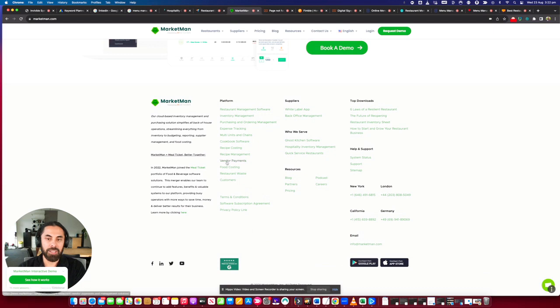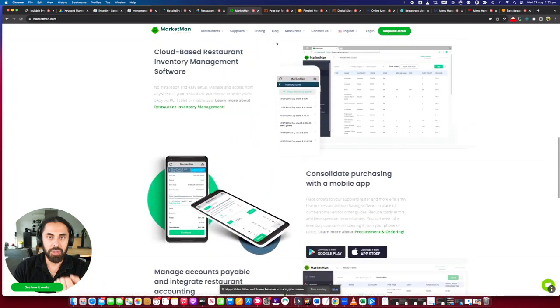And the type of keywords and how they sprinkle their keywords: restaurant management software, inventory management, purchasing, ordering management, expense tracking, multiple units and chains, cookbook software, recipe management, vendor payments, so on and so forth. What that does is that it talks about all the problems that the customer has all in one place, all in the website. And when you do that, Google notices you, and you rank highly, and that's basically what you're trying to do.